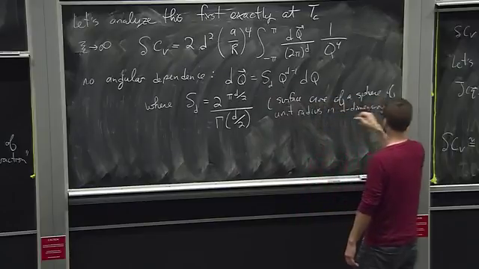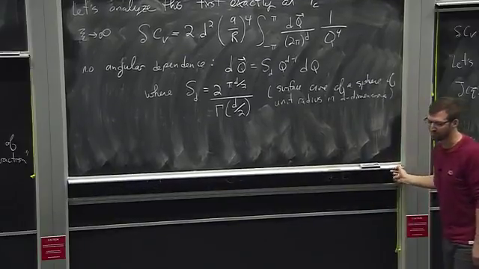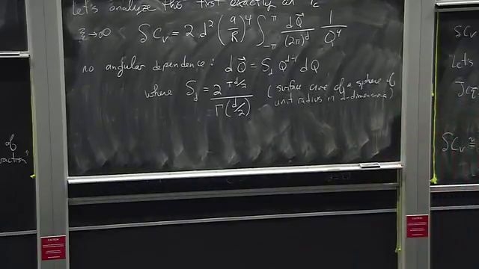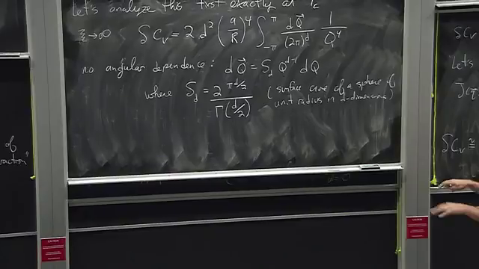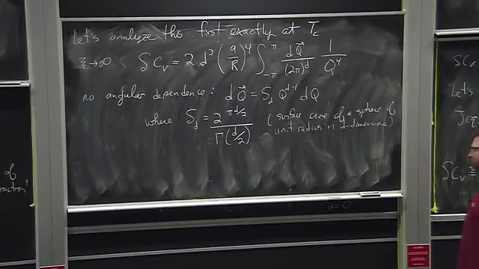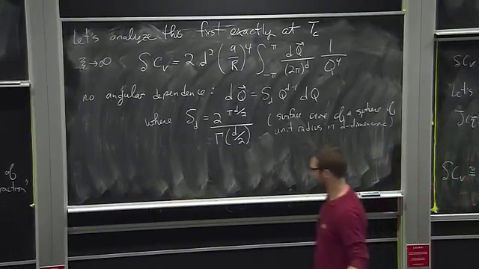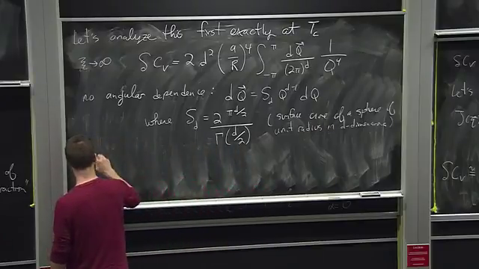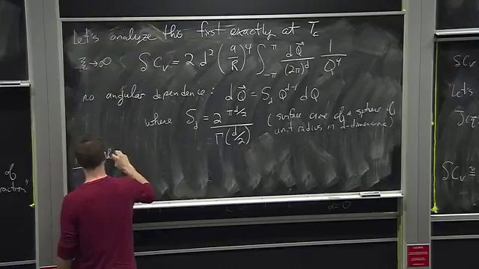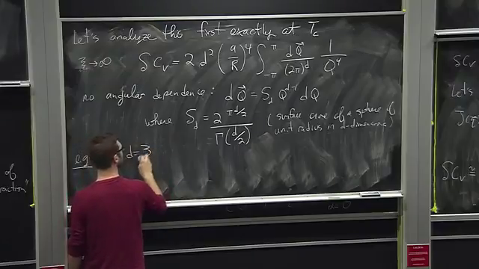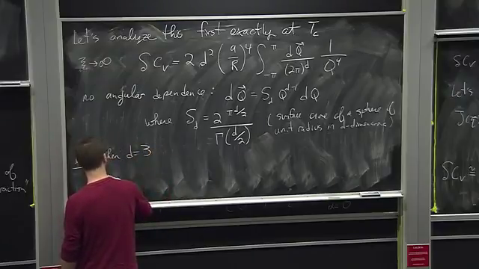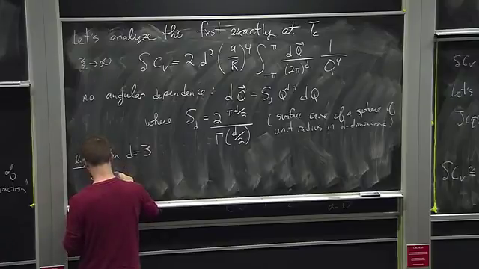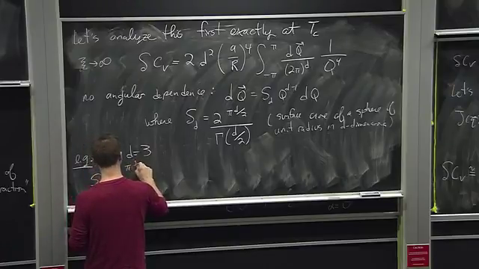Just generally useful. So now you can play around with dimension. And so let's do 3 dimensions. You know what this is, S_d. You can check it: 2 pi to the 3/2, gamma 3/2.